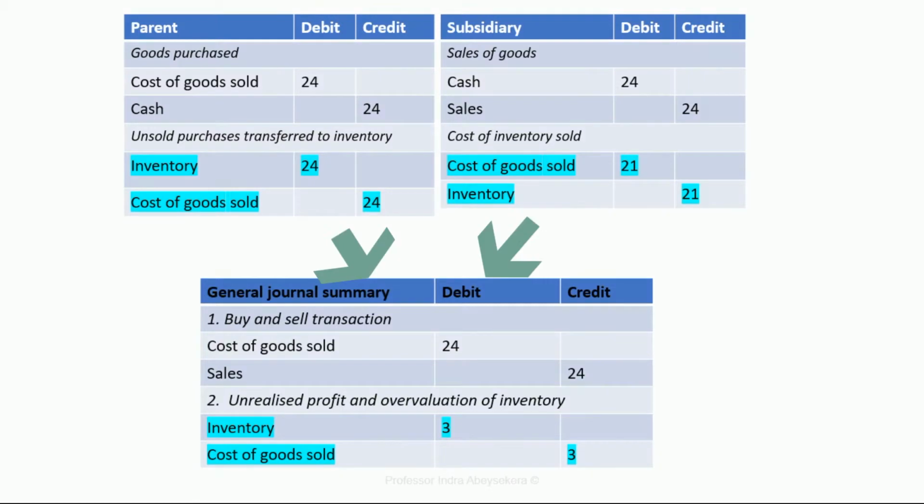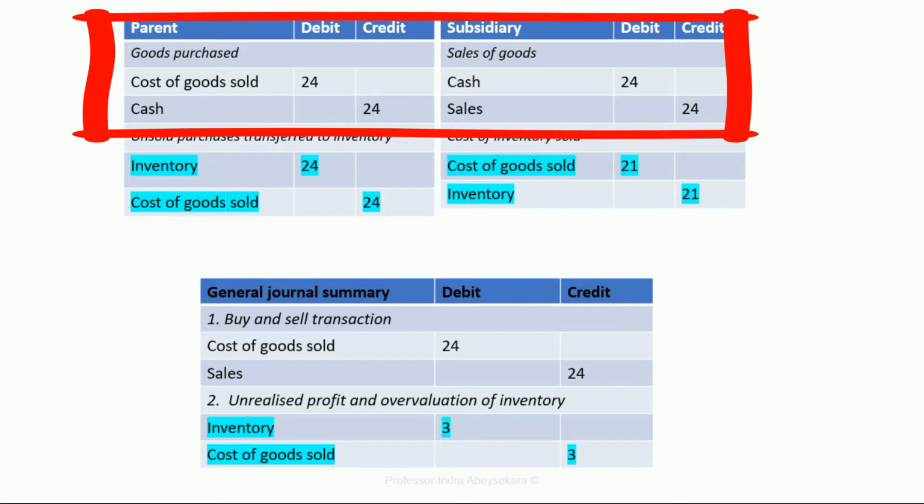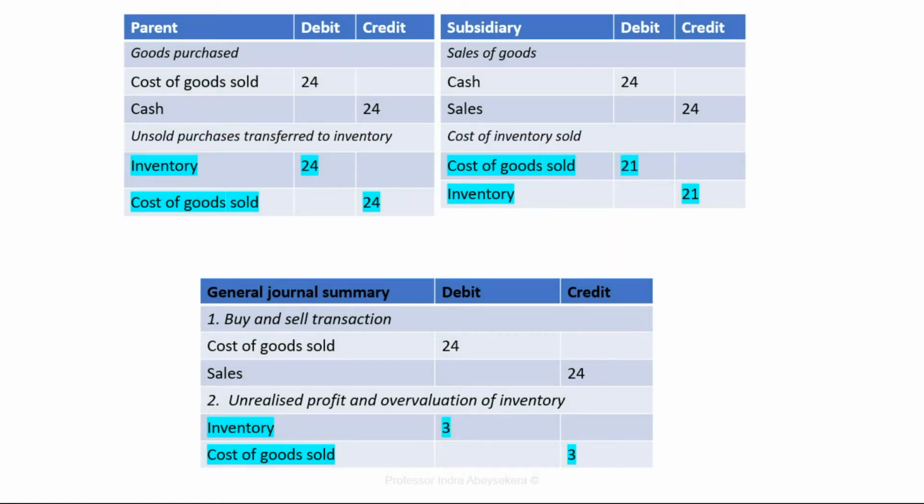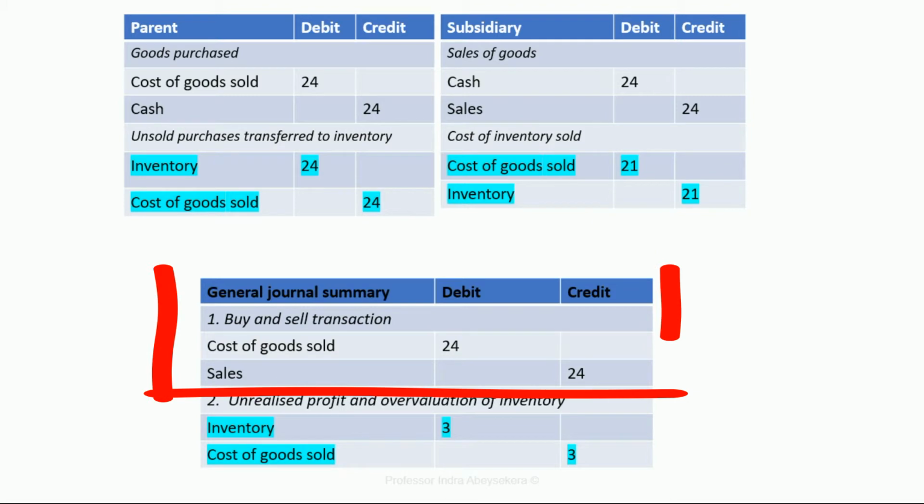If we combine the two sets of general journal entries, we can see on the first two journal entries, in the first two arrows with figures, cash and cash get cancelled, debit and credit. We end up with credit sales 24 million and debit cost of goods sold 24 million.